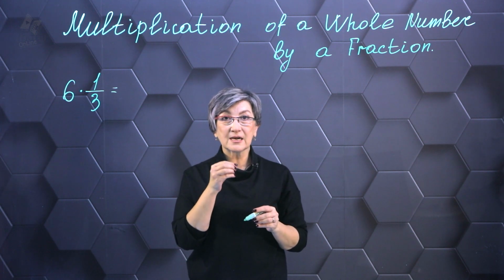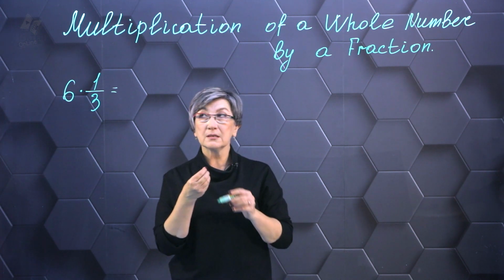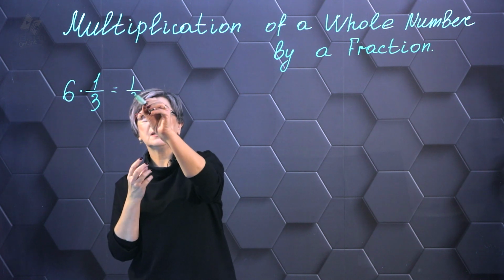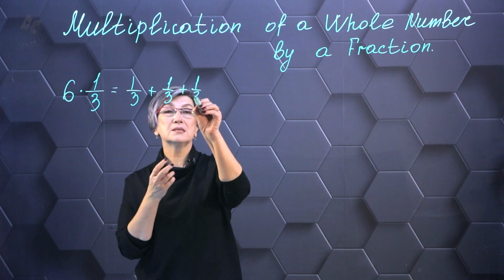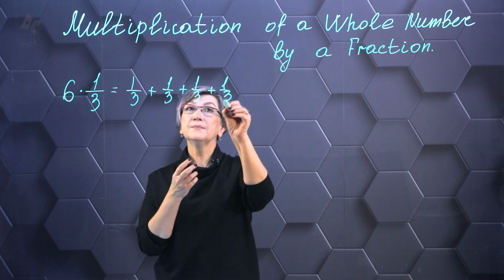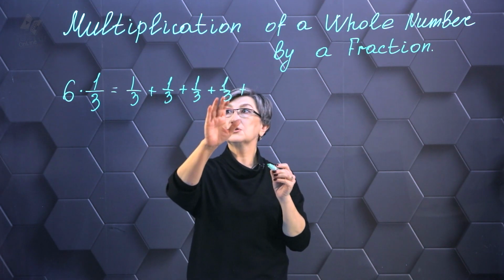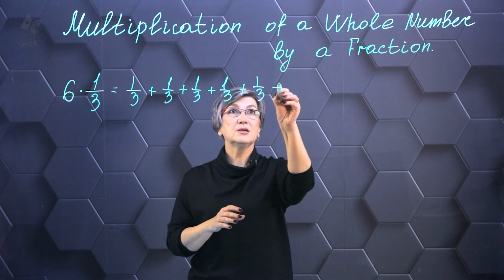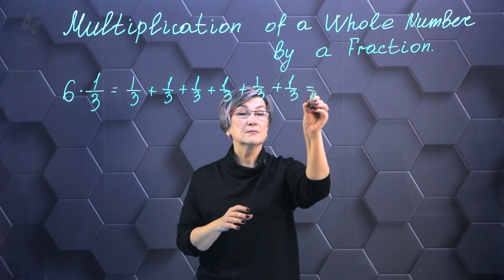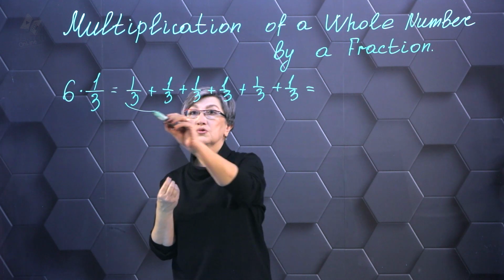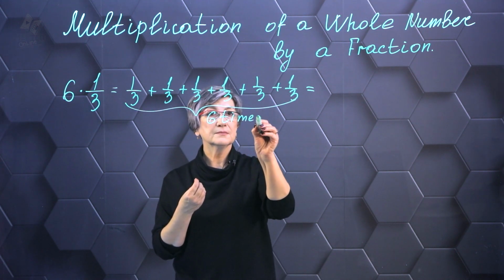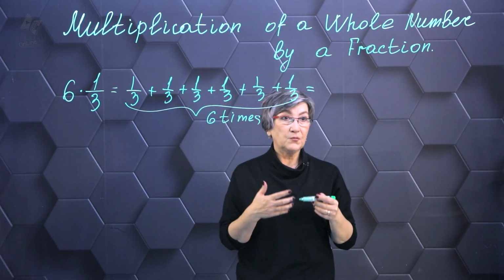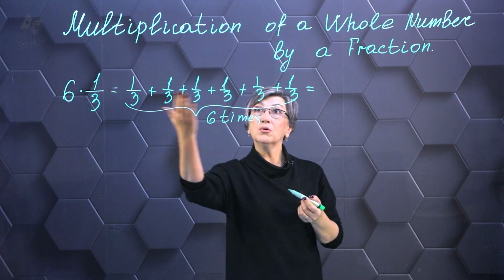So I can write down 1/3 plus 1/3 plus 1/3 plus 1/3 plus 1/3 plus 1/3, six times. So we need to take 1/3 six times, and basically I can add up these fractional numbers. So what do we have here?